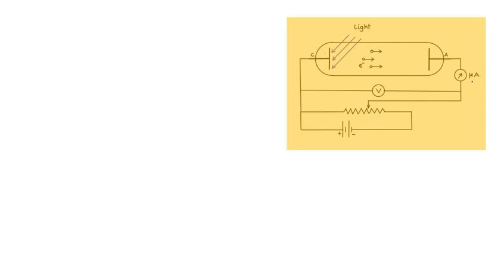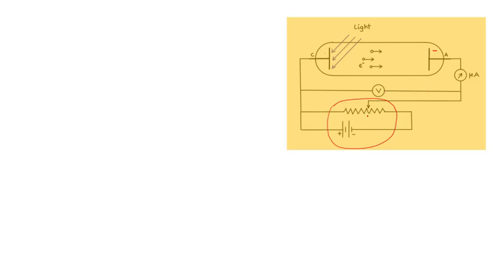If you want this current to come down to zero, we have to apply a negative potential to this electrode relative to this electrode, with the help of a variable potential source. The potential is measured with a voltmeter.